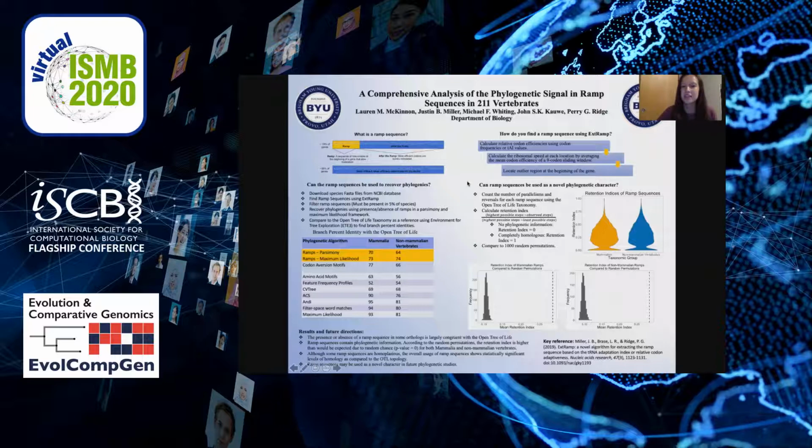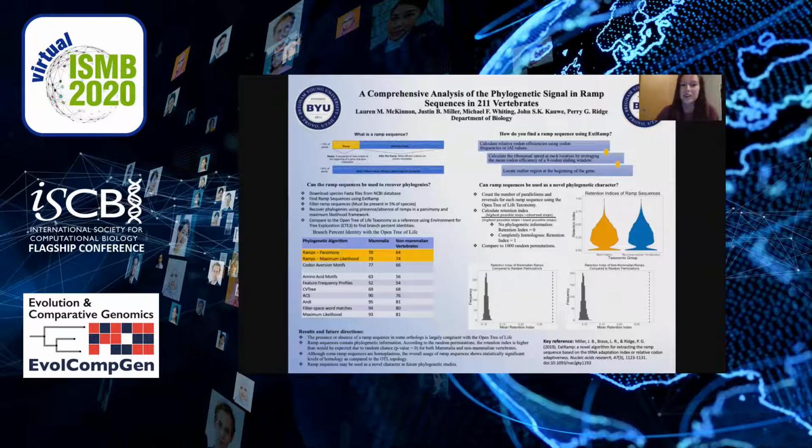And after it calculates the relative codon efficiency for each codon, it estimates the speed of the ribosome at each location in the gene based on a mean of 9 codons. And it uses a 9 codon mean because that's the estimate of the length of a ribosome.